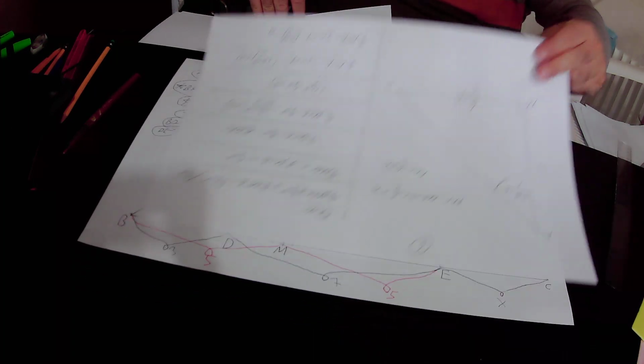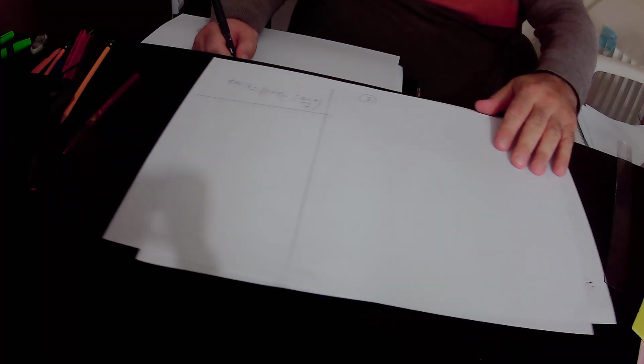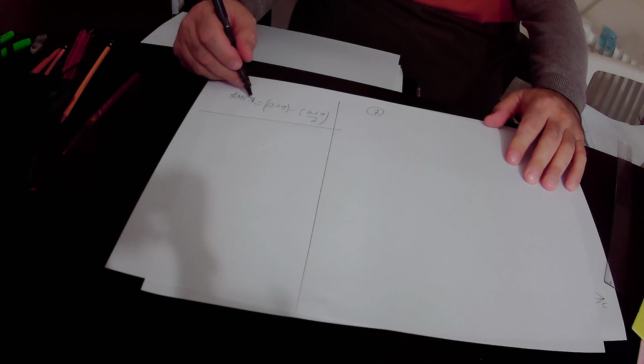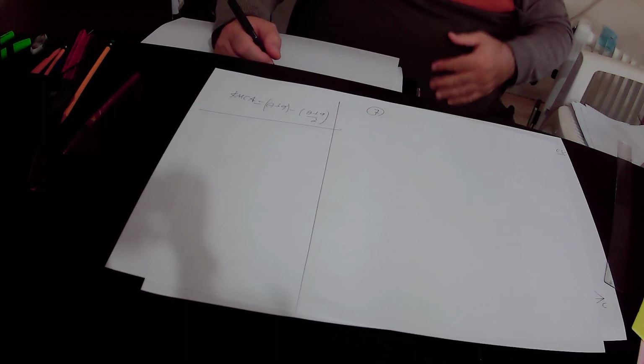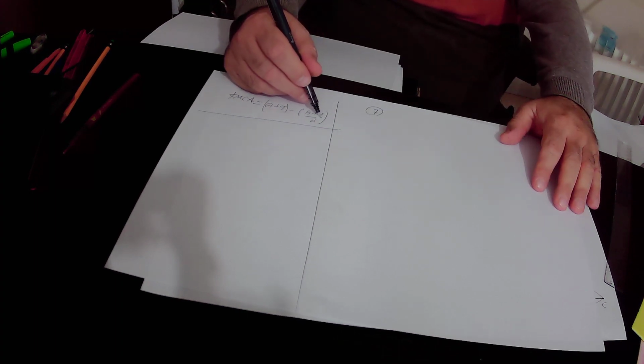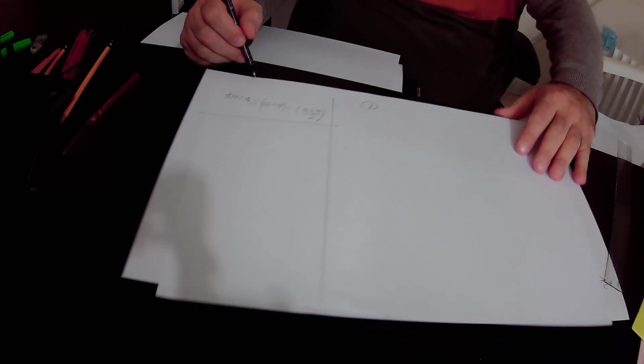So, in conclusion, we found out that the angle that we are looking for, angle ACM, equals theta plus alpha minus theta plus alpha over 2. And theta plus alpha minus theta plus alpha over 2 equals theta plus alpha over 2.